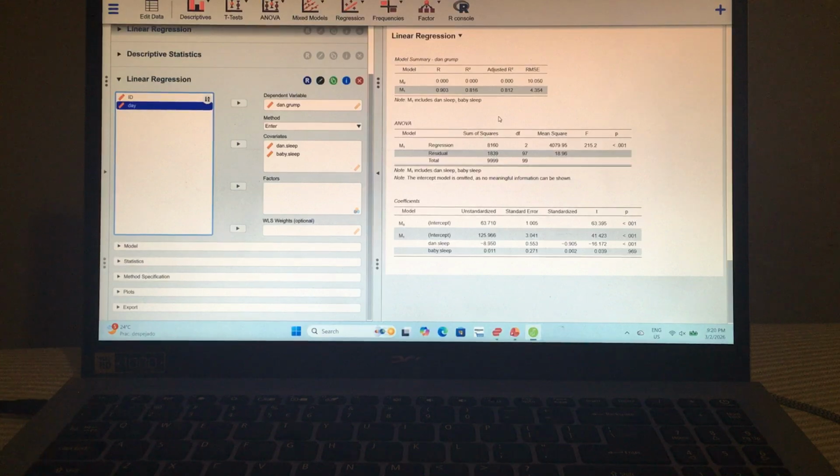Now consider this scenario where Danny's sleep and baby's sleep are both low. In this case, Danny's grumpiness might be very high due to the combined lack of sleep.